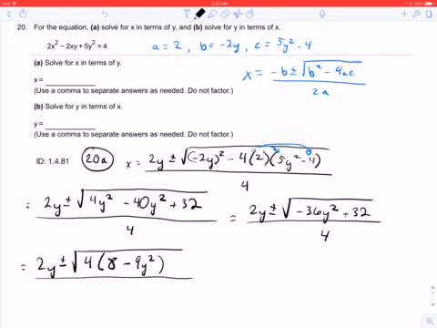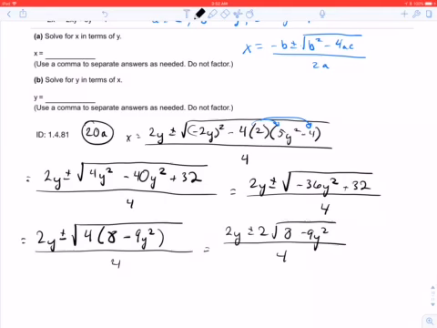I'm going to say over 4. So now you can take the square root of that 4, you get 2. So then we have 2y plus or minus 2 times the square root of 8 minus 9y squared over 4.